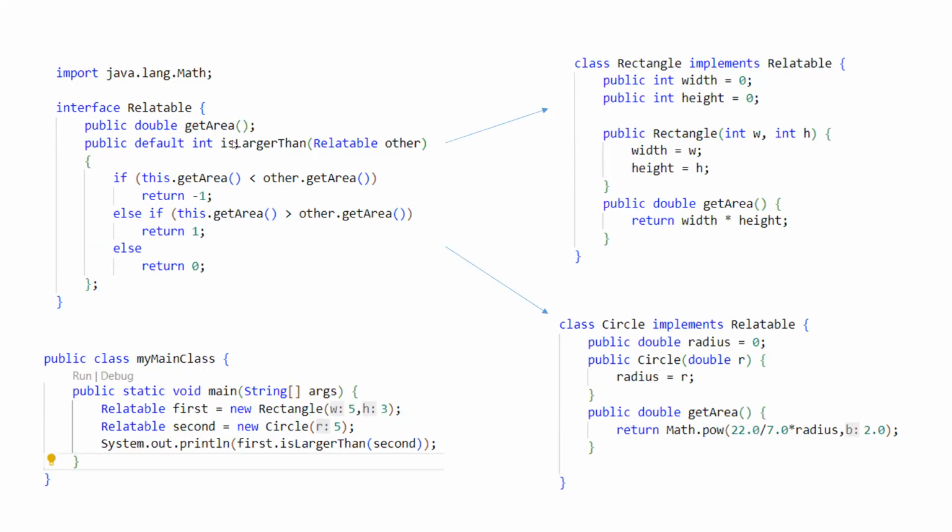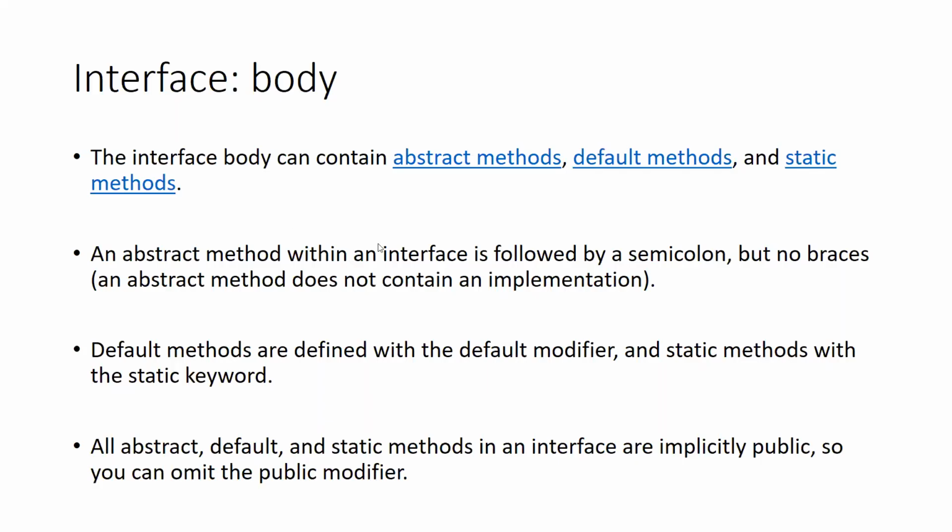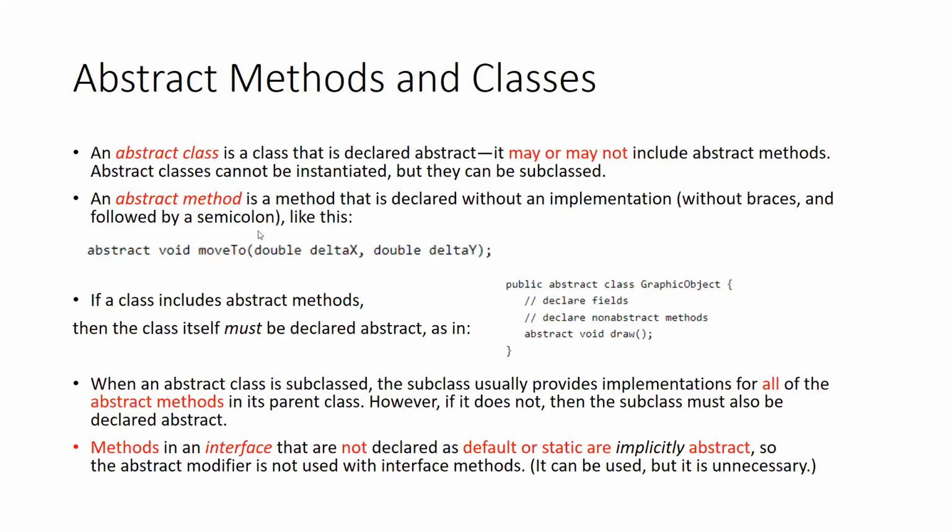So abstract getArea is an abstract method, isLargerThan is a default method. Apart from these two, you can also have static methods. If you want to define some static method that is related to this Relatable interface, you can also do that. So these are the three kinds of methods that can be defined within the interface itself.